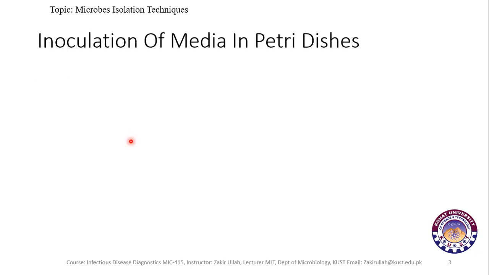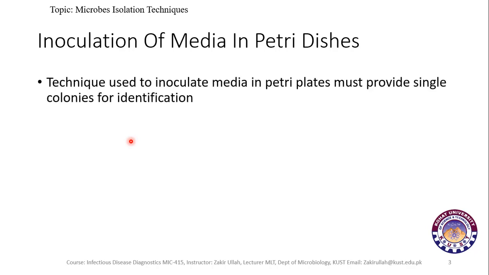So, the inoculation of different media which are present in the petri dishes. The technique which is used to inoculate media in a petri dish is important, and this inoculation must provide single colonies, because these single colonies are very helpful in identification and to best examine the growth characteristics of any microbe.